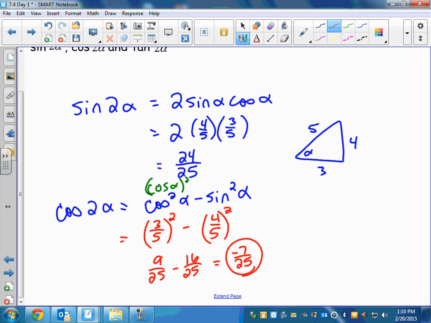Again, on the test, if you don't know these formulas, that's going to be bad news, right? Don't know the formula, it's hard to just wing it. Tangent is the one I'm the least confident about right now in terms of memorizing, because I haven't done it in a while. 2 tangent alpha over 1 minus tangent squared.